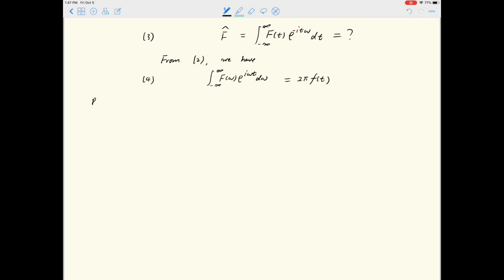So now we rewrite equation 3: f hat equals the integral of f of t e to the i t minus omega dt. Now, I did this: you see, I align omega with t, so then this t is aligned with minus omega.